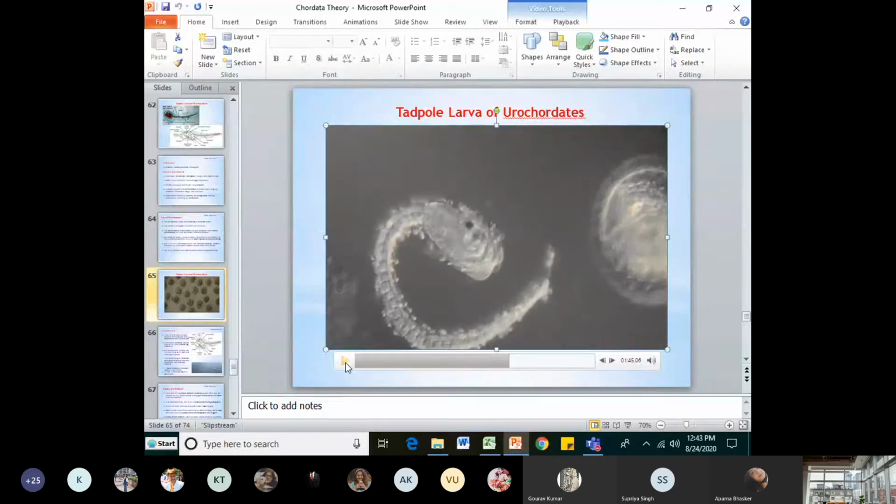Okay, so what you see here is the tadpole larva, which has a head with associated structures and organs, and then there is a tail, which also has the notochord at the center, and the body is surrounded by a tunic covering, made of tunicin.